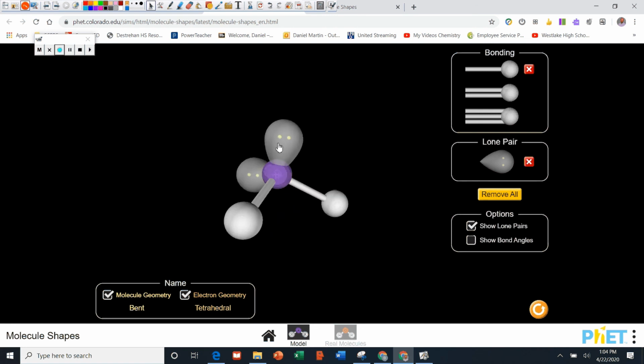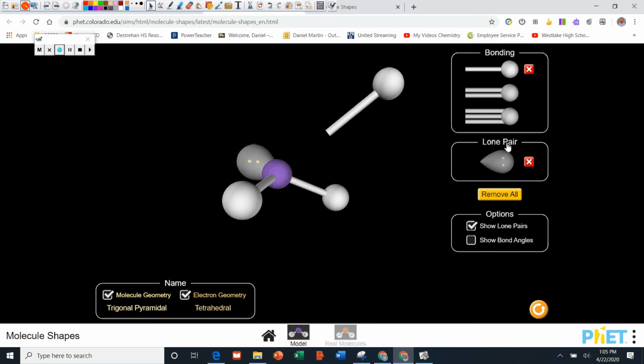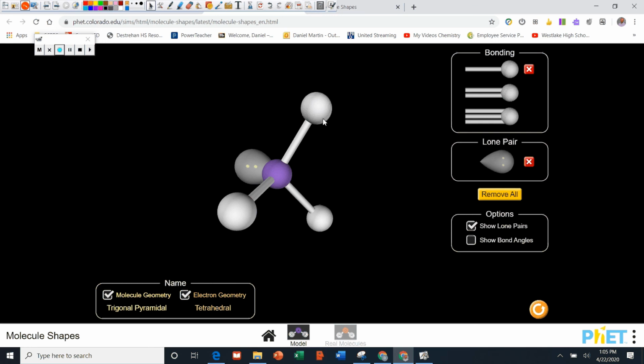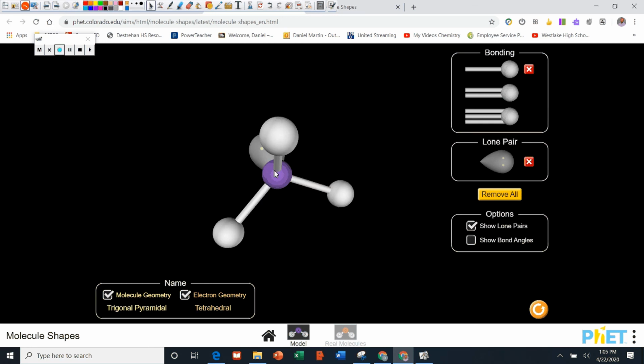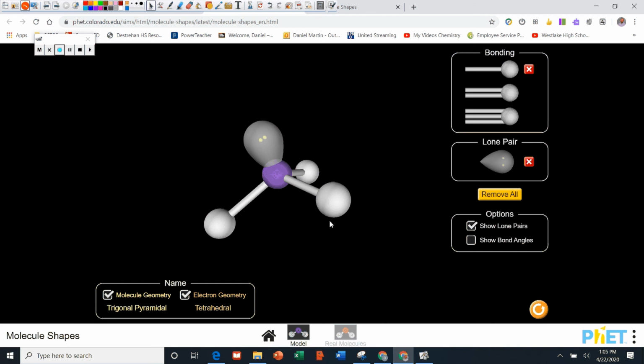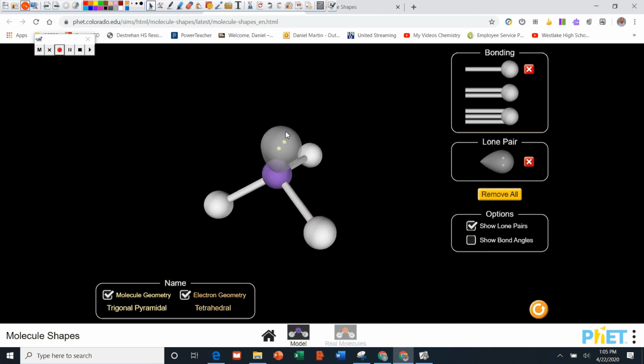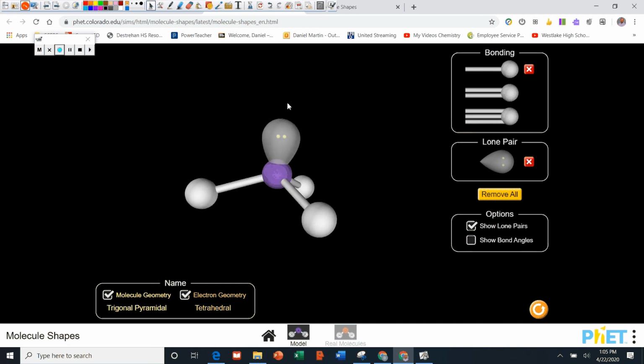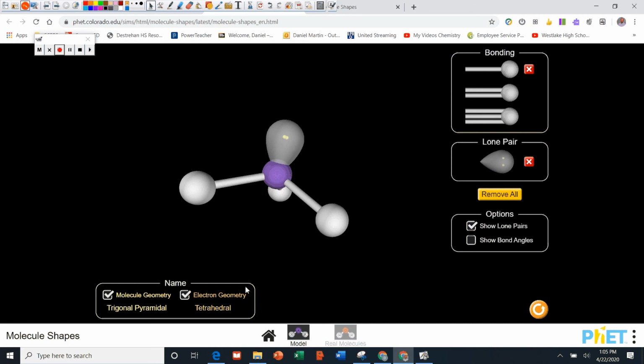Notice we still have four areas for potential bonding, but it becomes tetrahedral bent. I'll remove another lone pair and add another bond. Let me turn this the right way. There you go, it becomes tetrahedral trigonal pyramidal.